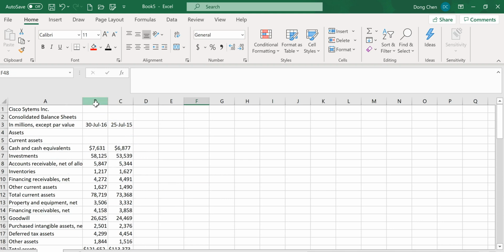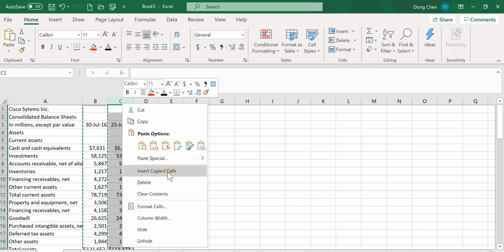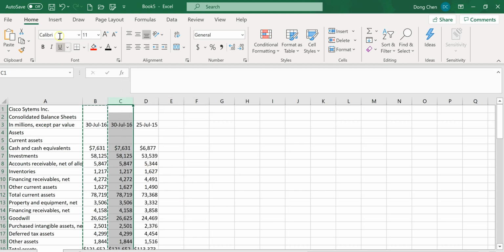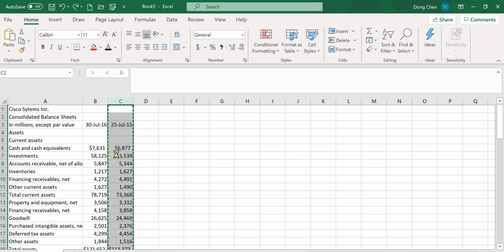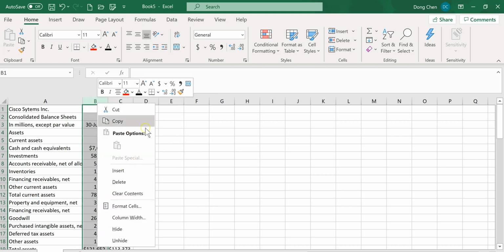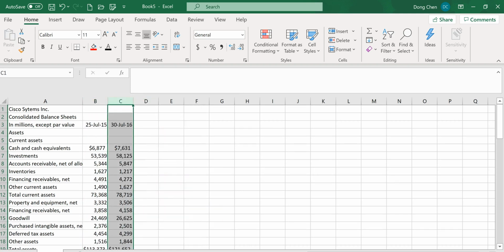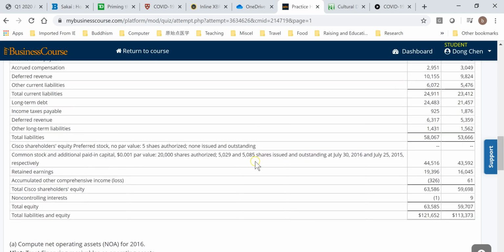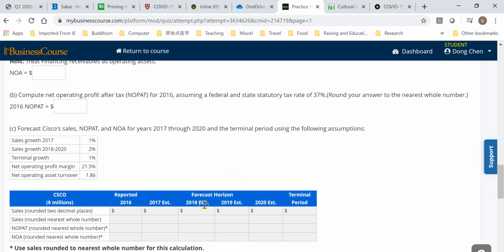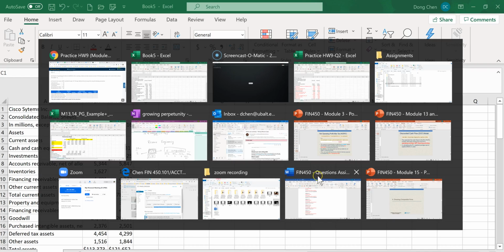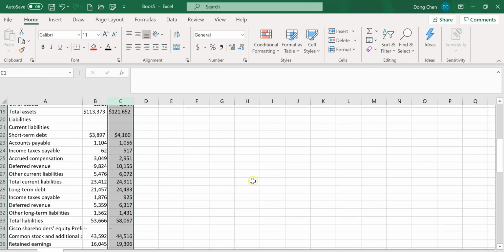Then I want to switch the years for 16 and 15, because if you check this table, you will find the later years are actually on the right, so I want to follow that.